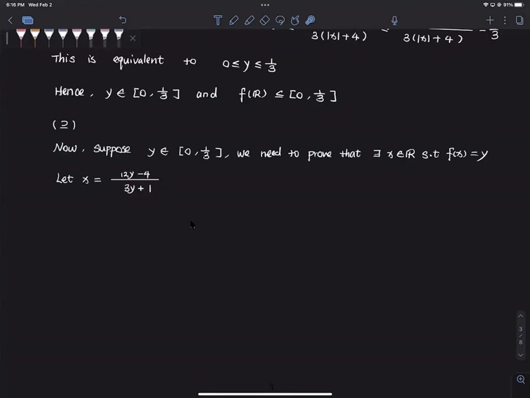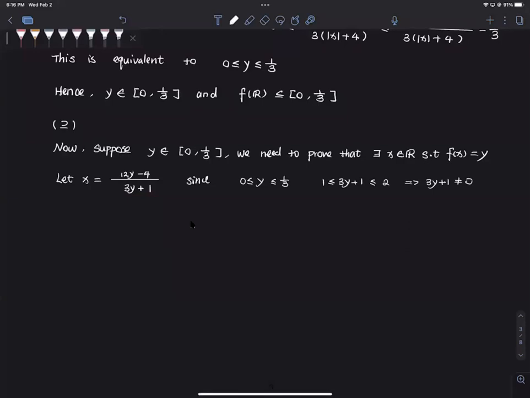Okay, so since y is in between 0 and 1/3, 3y plus 1 is between 1 and 2. So 3y plus 1 is not 0.